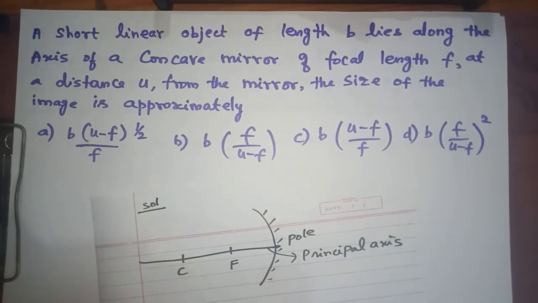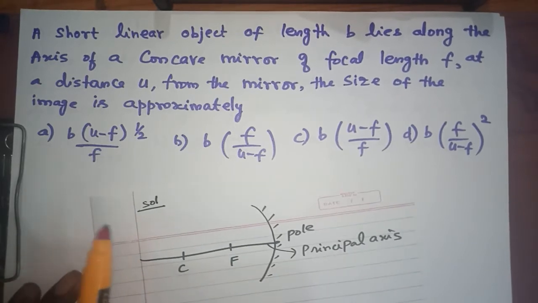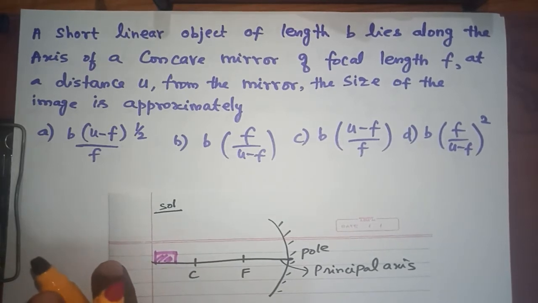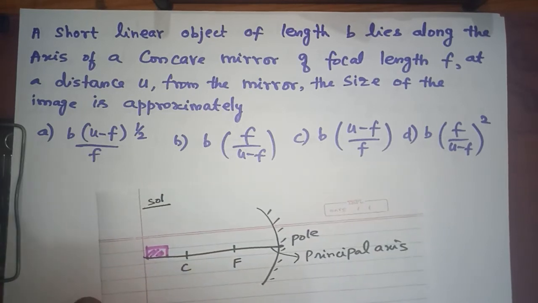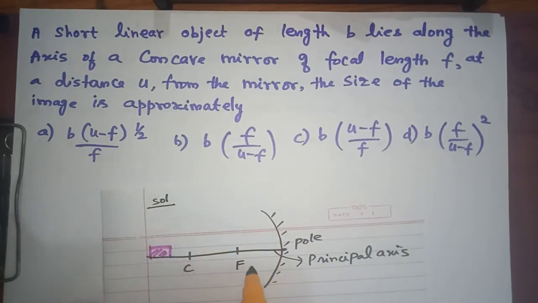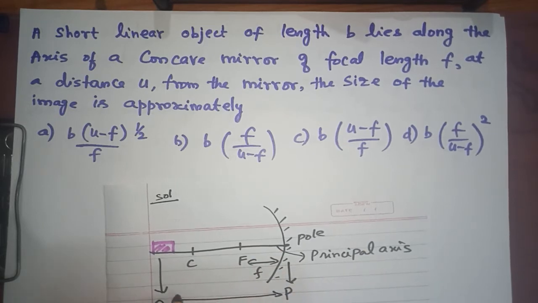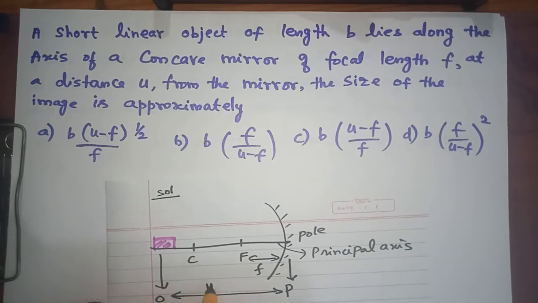So this is my object, lying along the axis, of focal length f, at a distance u from the mirror. The distance is the distance between the object and the pole P, which you call the distance u.